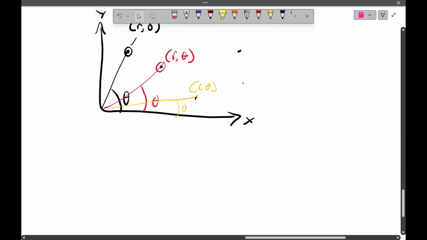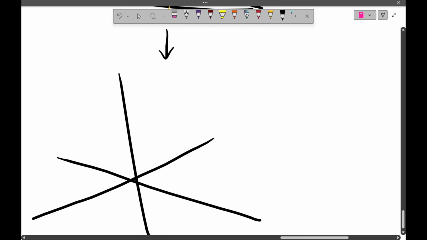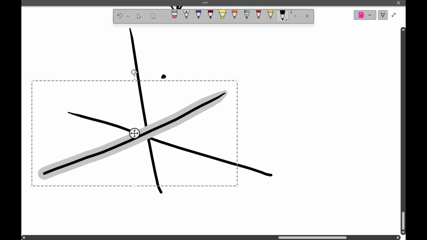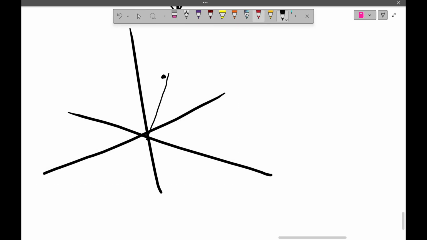You can have the same thing going on in 3D, right? We have these planes, and I can pick this point and say, okay, it's some distance r, it is some theta measured away from the x-axis, and it is also some angle down from the z-axis, and this is phi.